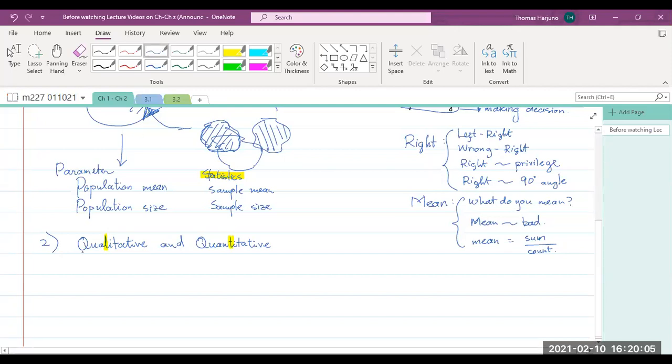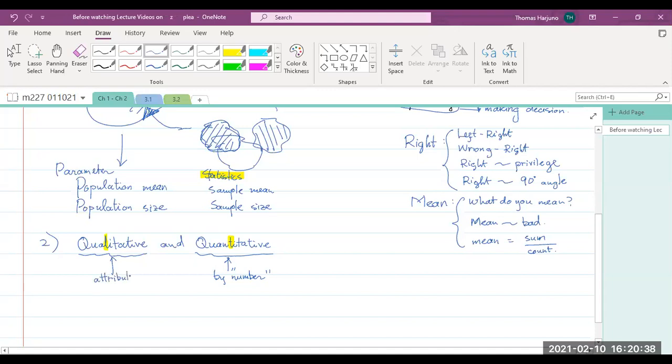Now, the root word, quality, means it's more into something we cannot measure by numbers. Quantitative comes from the word quantity, right? Related to quantity, by numbers. And qualitative is basically based on some characteristic or attribute.